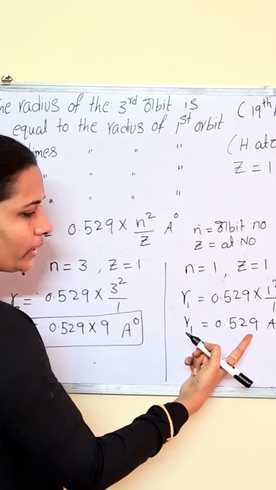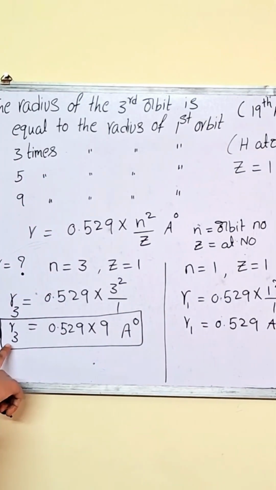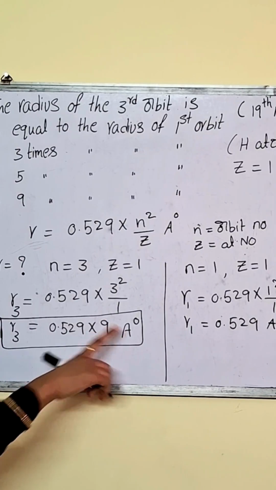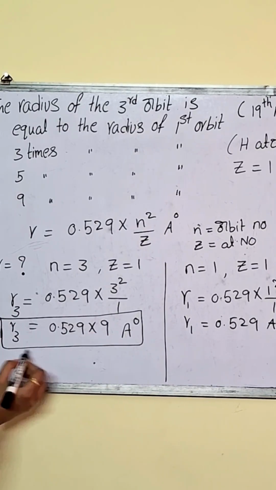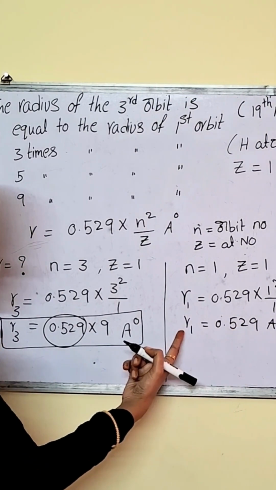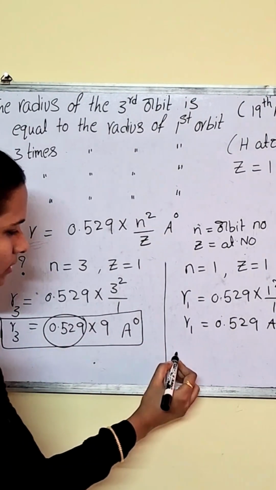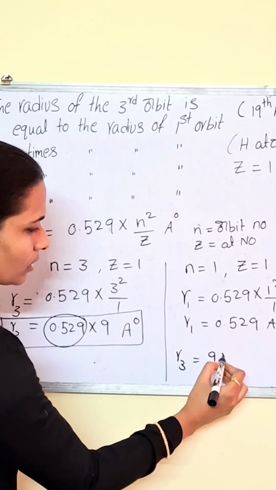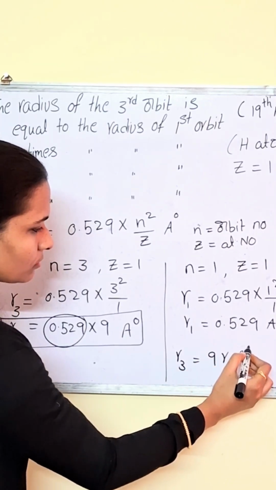We already calculated the radius of the third orbit as 0.529 into 9 angstroms. Substituting 0.529 angstroms equal to r1, r3 equal to 9 into r1 angstroms.